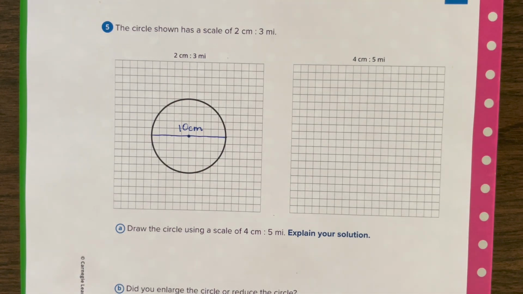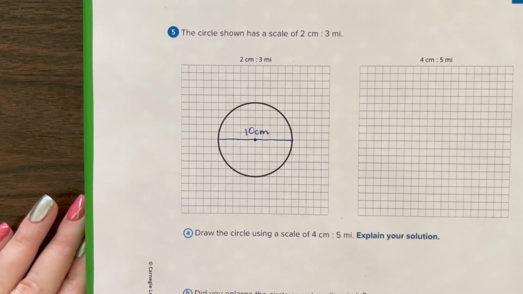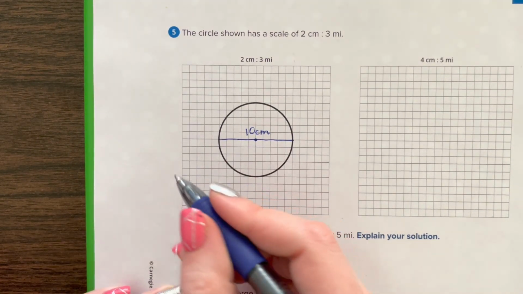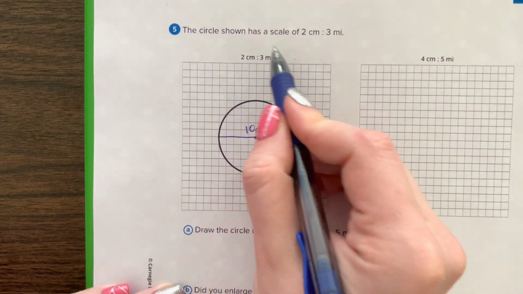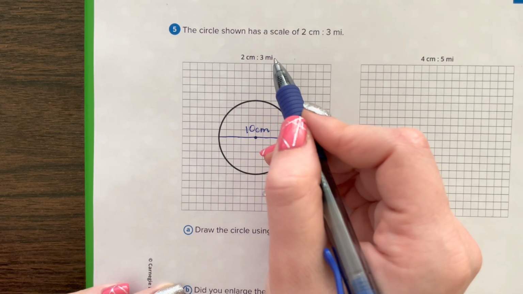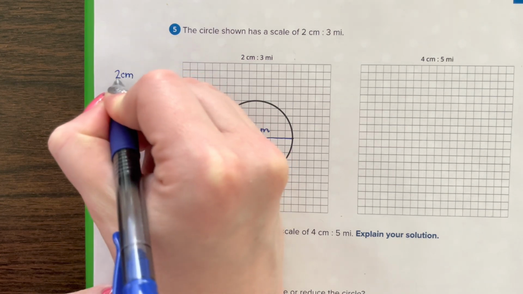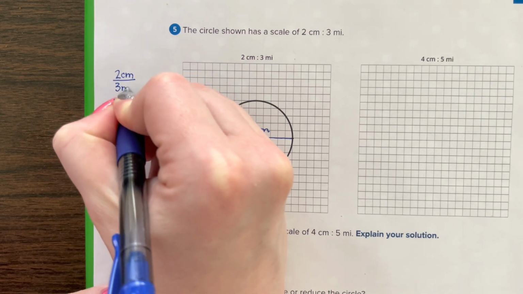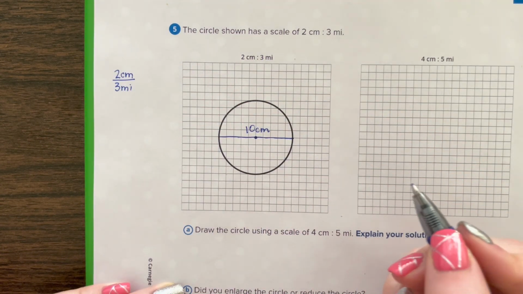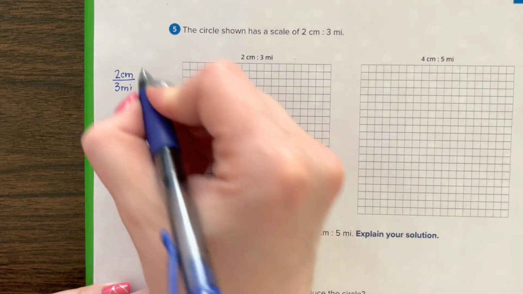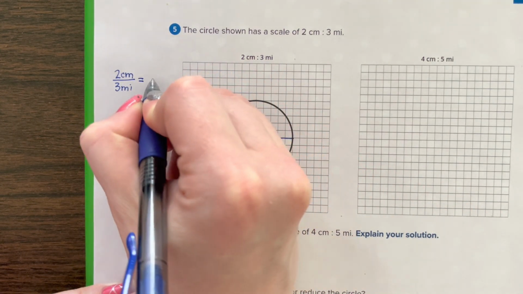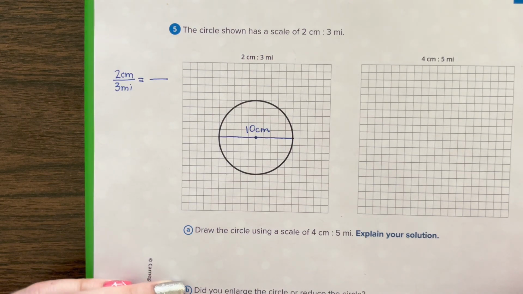So what we need to do is figure out how much this is in the real world. I'm going to use this off to the side over here. We're going to take this ratio and write it as a fraction instead. So I'm going to write 2 centimeters over 3 miles. We're going to set up a proportion, so we're going to do equals and set it equal to another fraction.